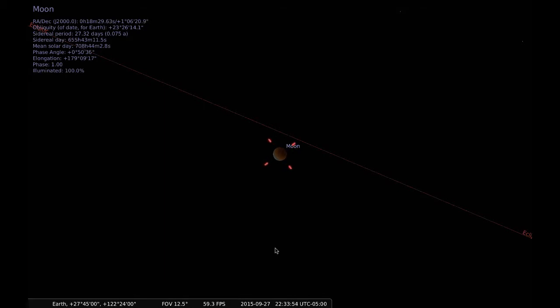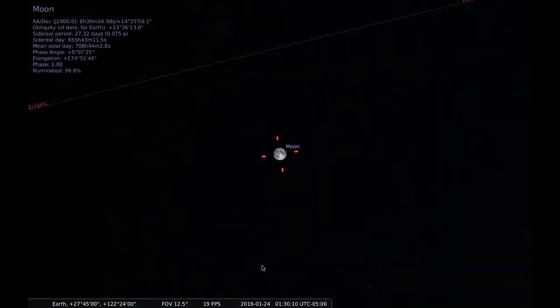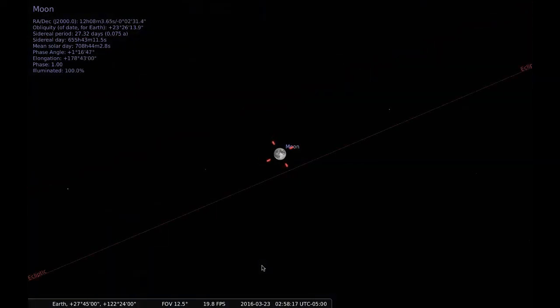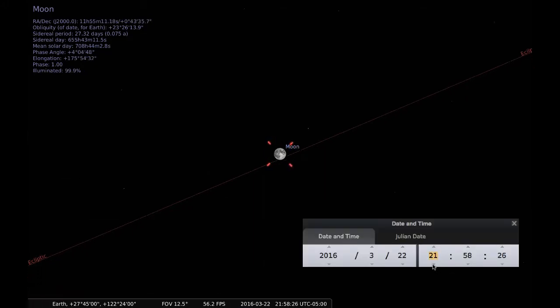So I'm going to jump ahead using my keystrokes. So 1, 2, 3, 4, 5, 6 cycles through. I'm at 100%. That's exactly a full moon. I don't see an eclipse. I could go fishing, a few hours ahead and a few hours behind. I don't see an eclipse, even a partial eclipse there.